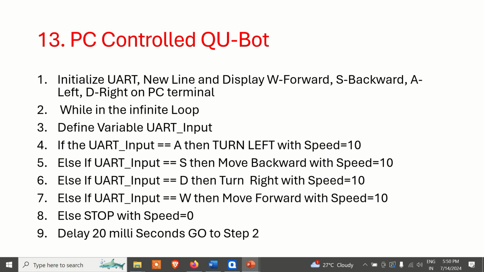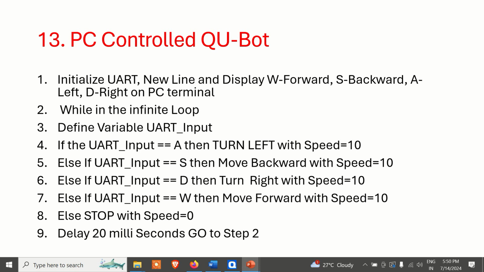If UART input is equal to A, then you turn the left motor with a speed of 10. Else if UART input is S, then move backward with a speed of 10. Else if UART input is D, then turn right with a speed of 10. Else if UART input is W, then move forward with a speed of 10. So these are the four possible keys you have defined.